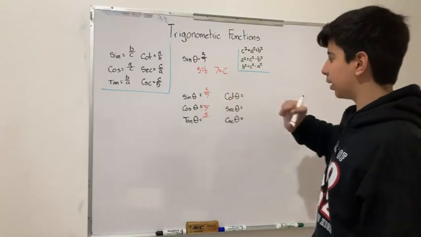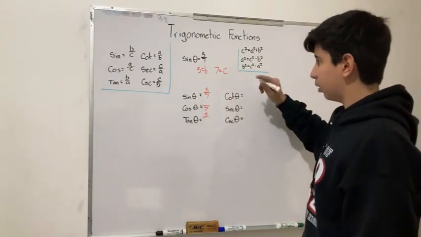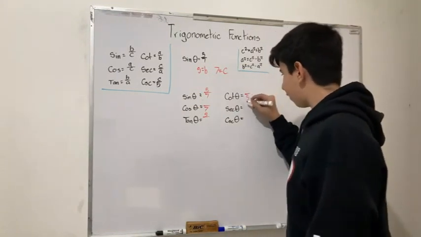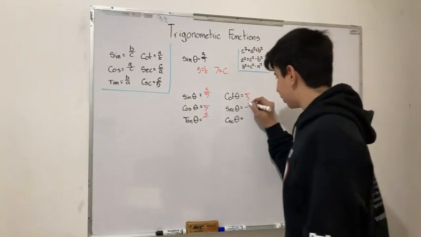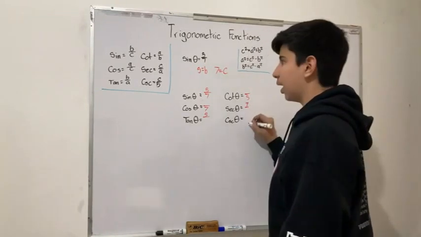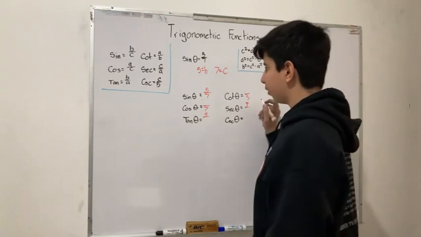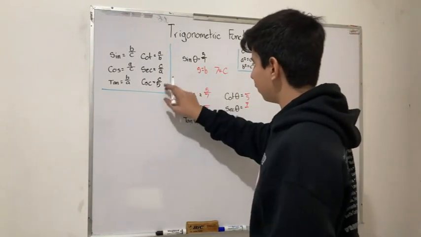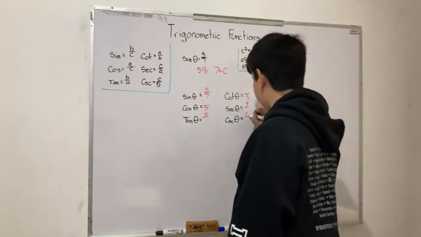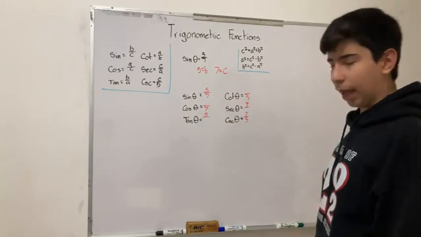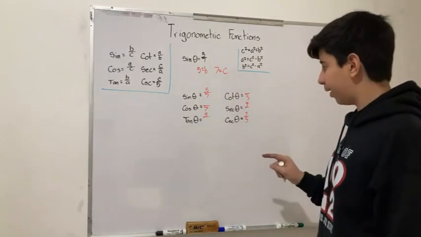Cot will be a divided by b. We still don't have a, so we just put b, which is 5. Sec will be 7 by something, and CSC is c by b, and it will be 7 by 5.